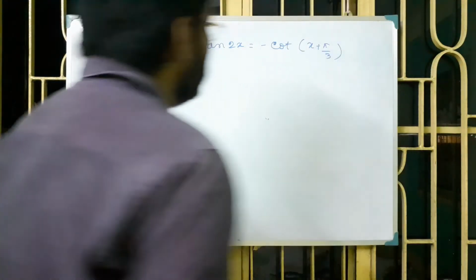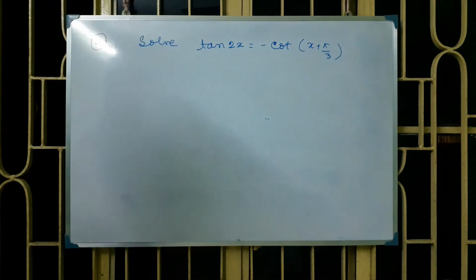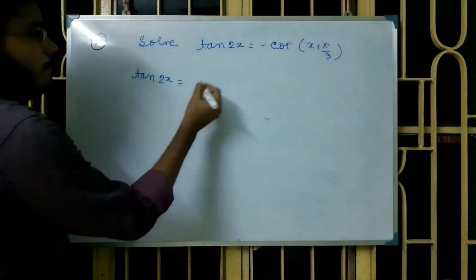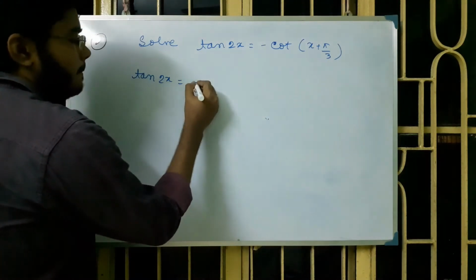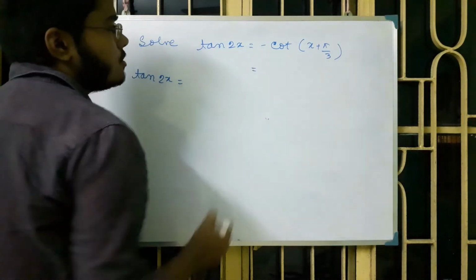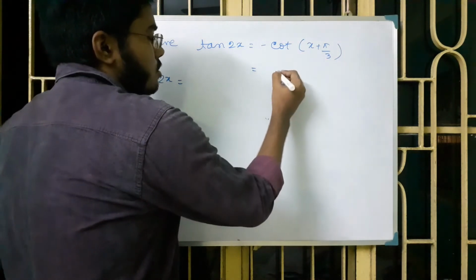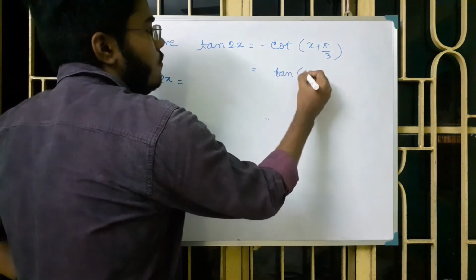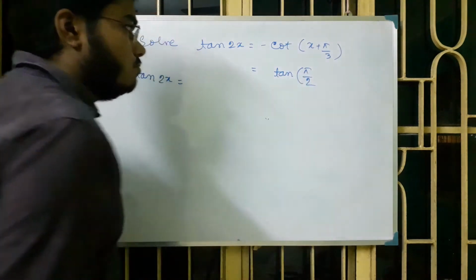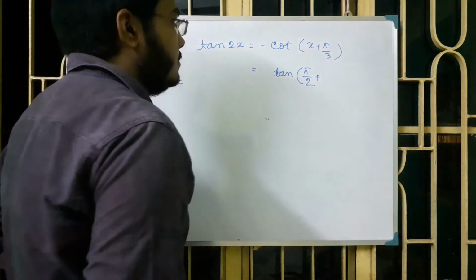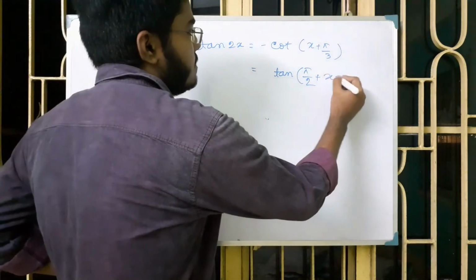Now, what is tan 2x equal to, and when will minus cot come? We are taking tan of pi by 2 plus (x plus pi by 3).